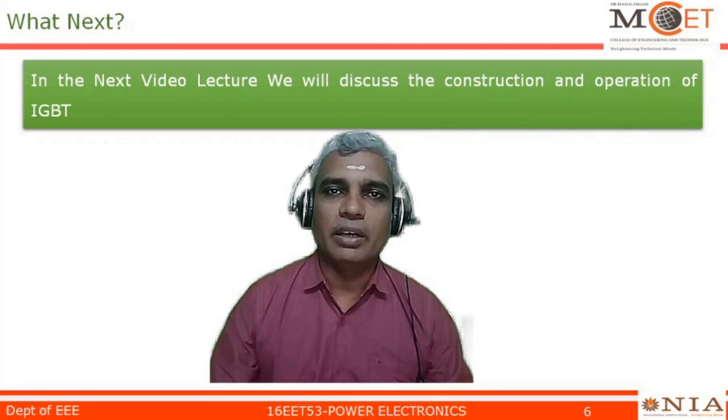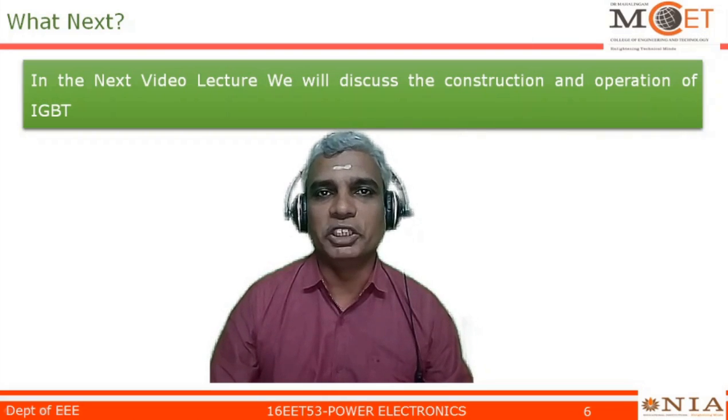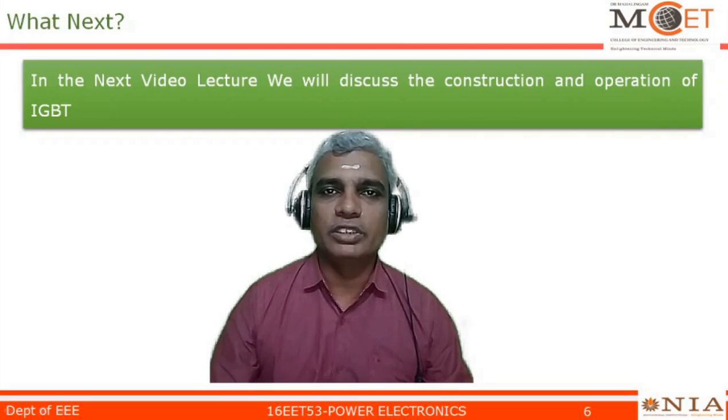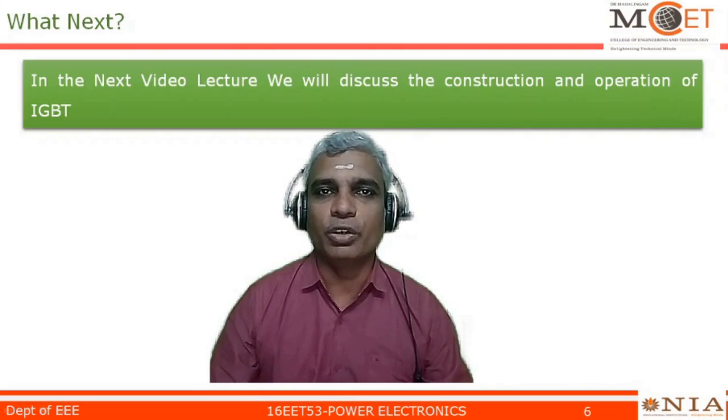And we have compared the power MOSFET with power BJT, and we understood that power MOSFET can be used in high frequency operations, whereas power BJT can be used in low frequency operations. In the next lecture we will discuss the construction and the principle of operation of the next device called IGBT.